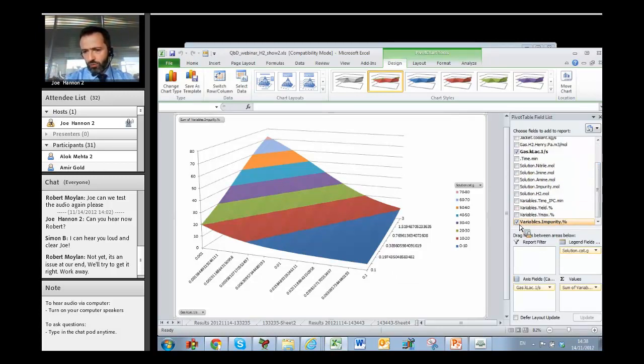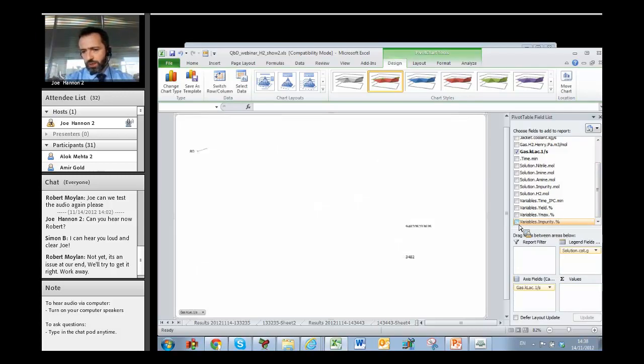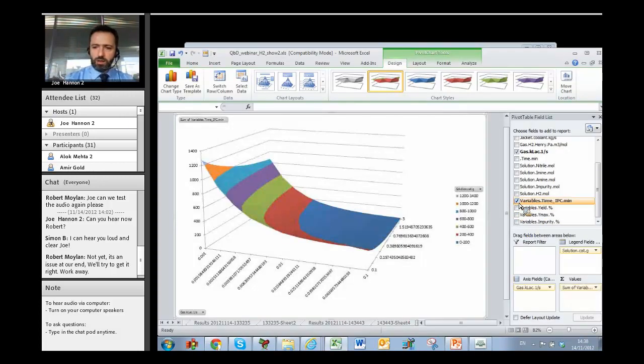I'll just show a little bit more about how these graphs work. You can uncheck the impurity so that it's not plotting impurity anymore, and then you can just check another box, and this one here is looking at the time it takes for the nitrile to get completely consumed. So it's like how long it takes for the process to pass the IPC limit, if the IPC is something like 0.1% impurity.